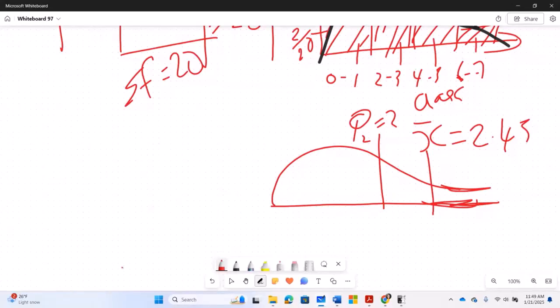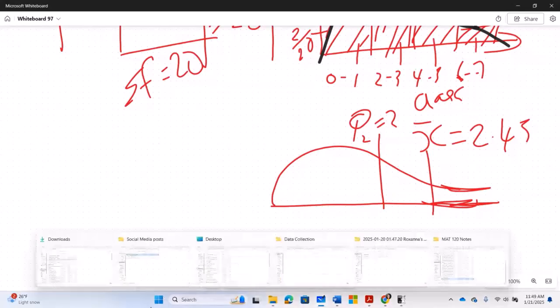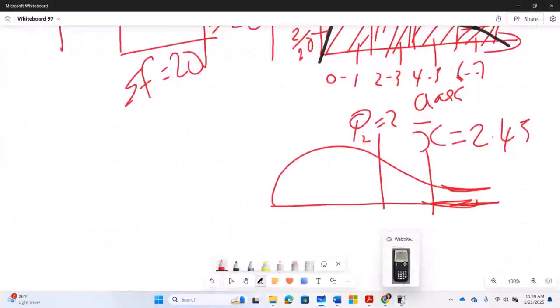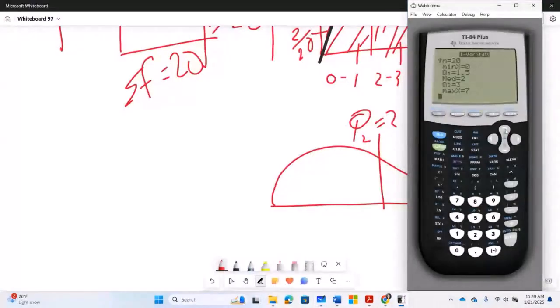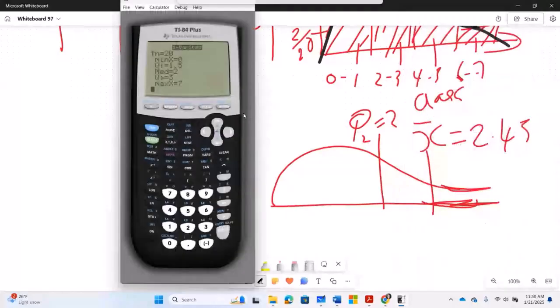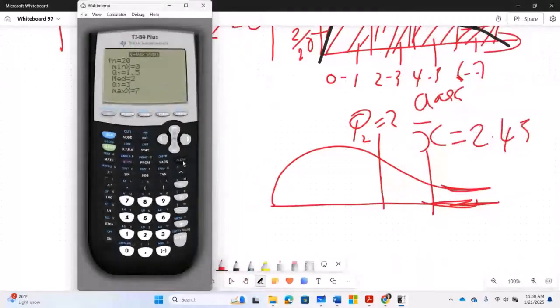Okay, so the next thing I want to do is actually draw a histogram of this data using my calculator. Statistical charts or graphs can be drawn with your calculator.